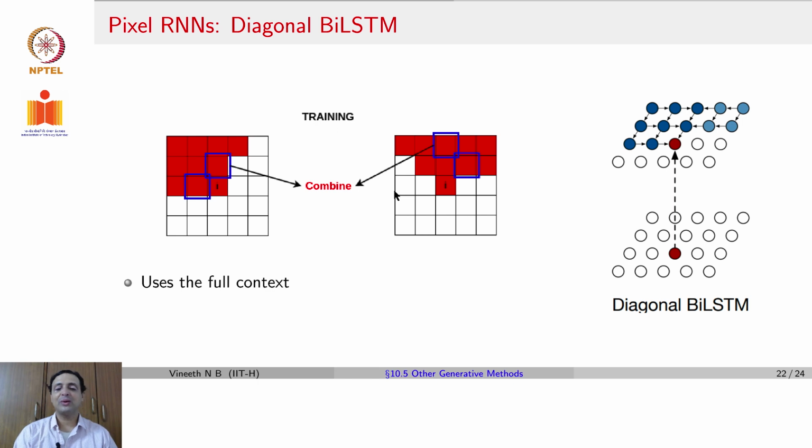So now you can look at this red pixel in the middle using the complete context from both directions. So to generate this red pixel here, you consider all these dark blue pixels that come when you populate it from one diagonal and these light blue pixels that you populate from the other direction, which gives us the complete context. Once again here, you can see that these would be slower than Pixel CNNs.